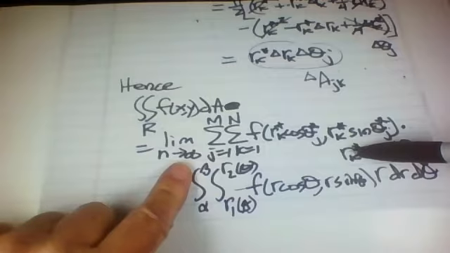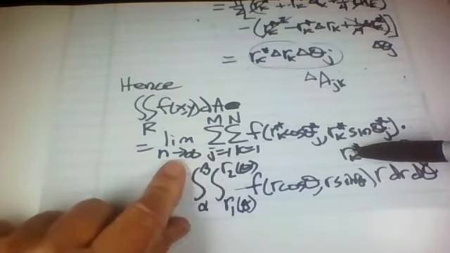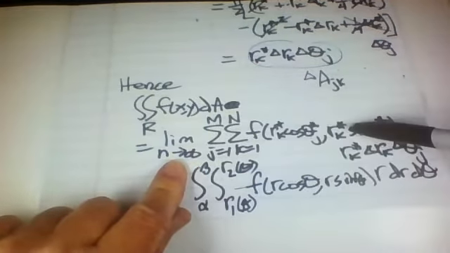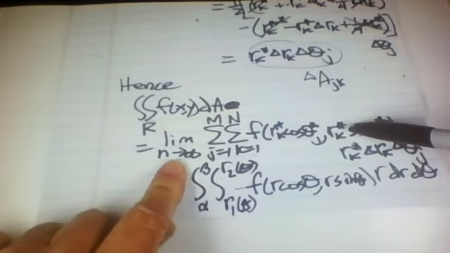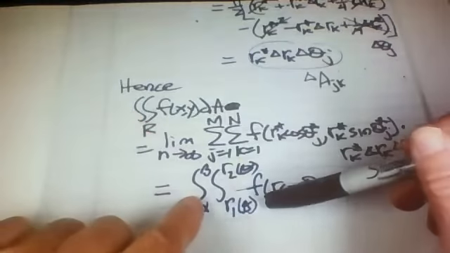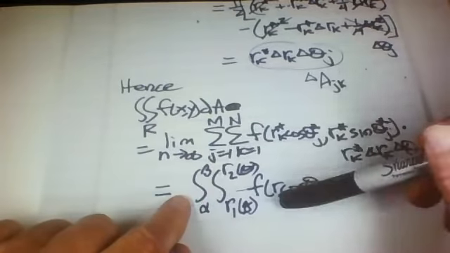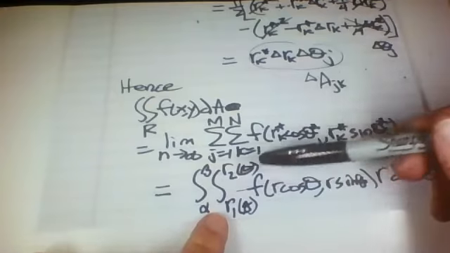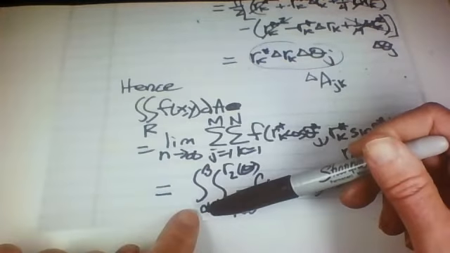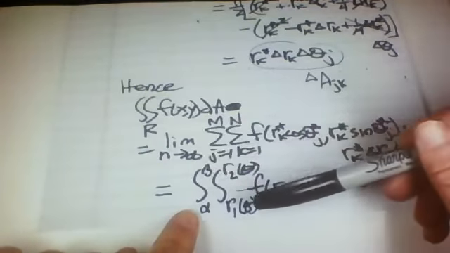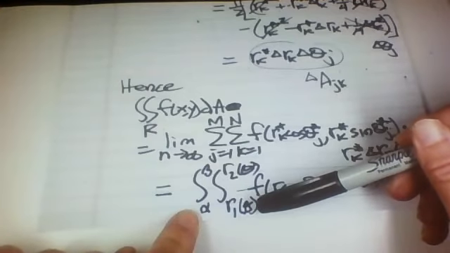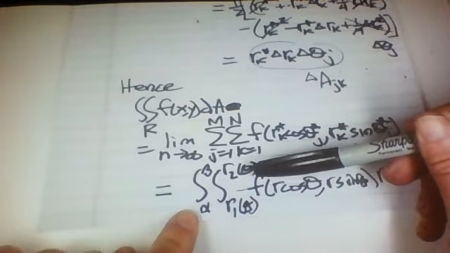According to our definition of the iterated integral, this is actually equal to the double integral, can be written as, by their theorem, I guess I should say, for iterated integrals, as the iterated integral from minimum theta to maximum theta, lower curve R1 of theta, upper curve R2 of theta, f written as a function of r, theta, and then the rk star delta rk delta theta j becomes r dr d theta.